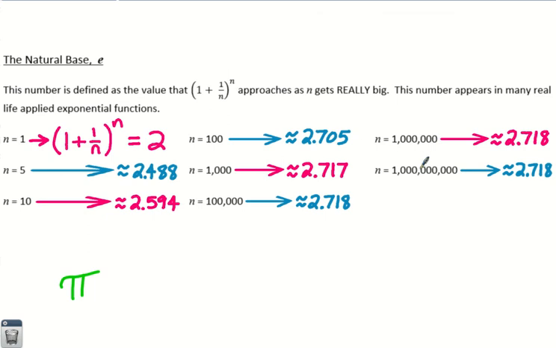So you could plug in 1 trillion. You could plug in 900 trillion, and you're just constantly zeroing in on what this number actually is. But you can just pretty much think of it as about 2.718, kind of like we think of pi as just 3.14. Okay?